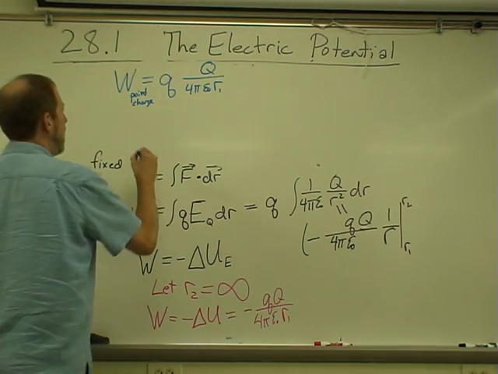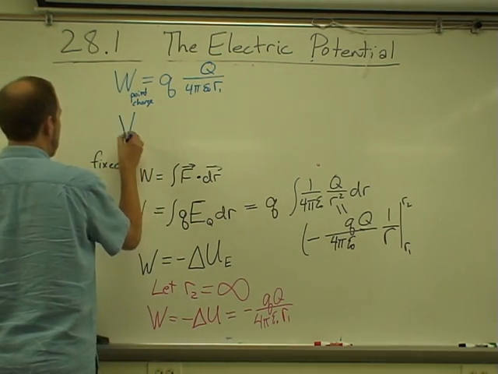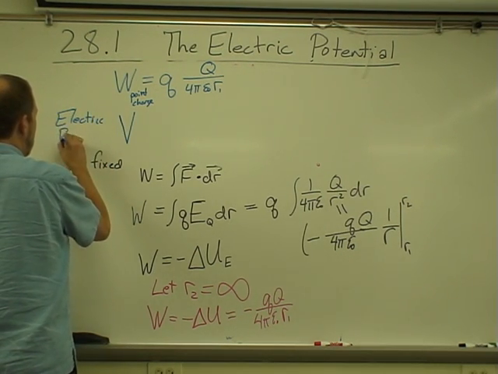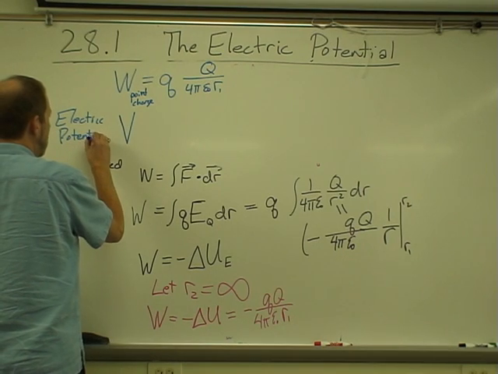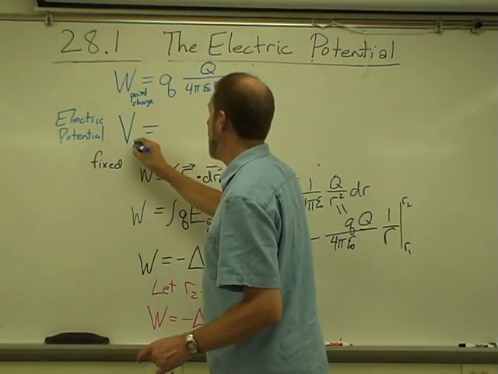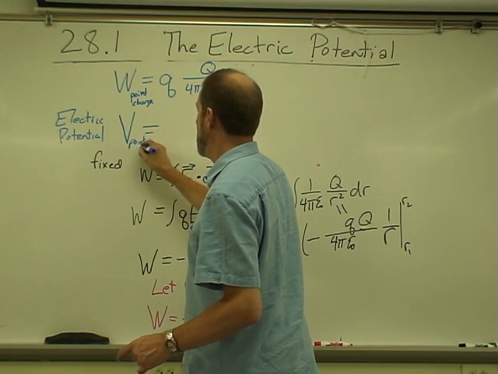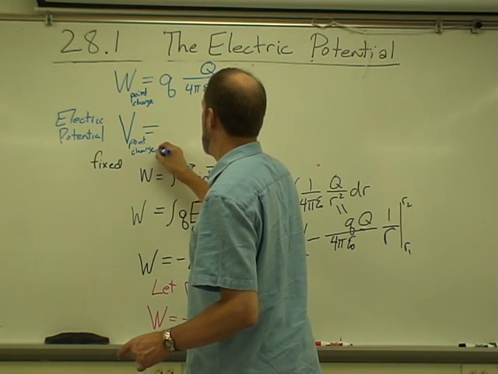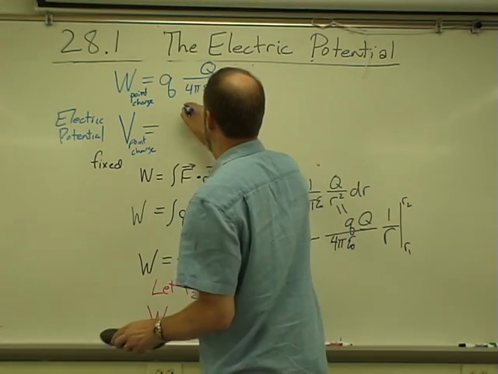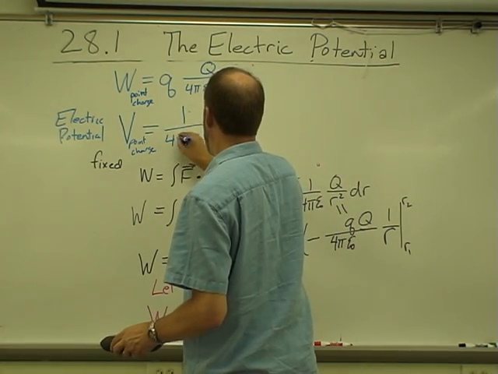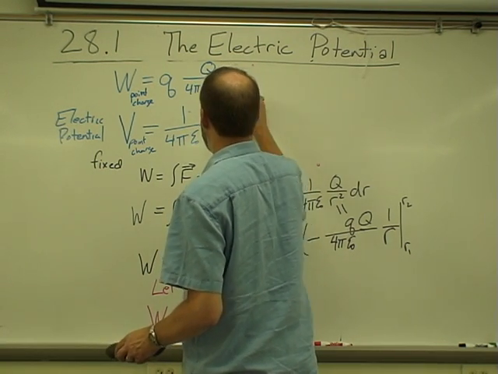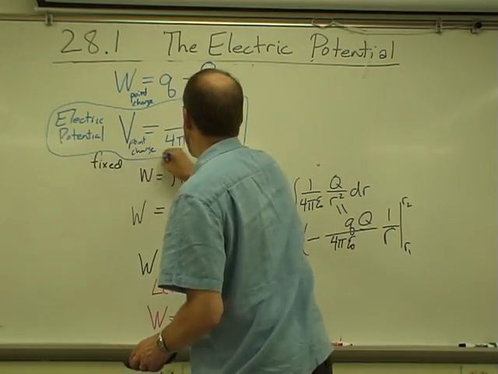And let me define the electric potential V for a point charge as 1 over 4 pi epsilon naught Q over R1.